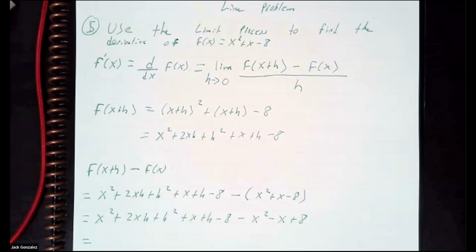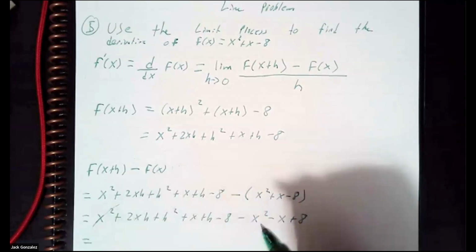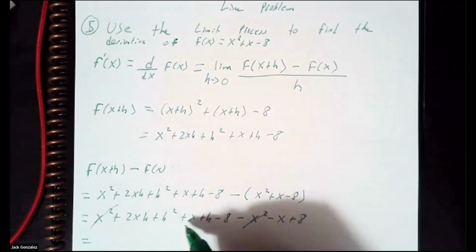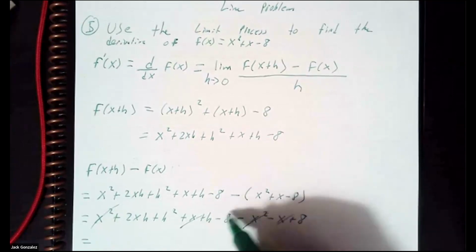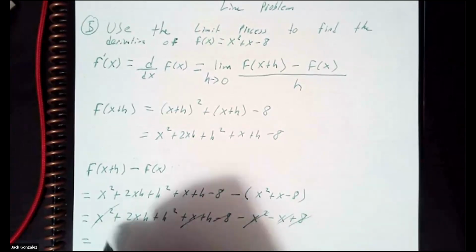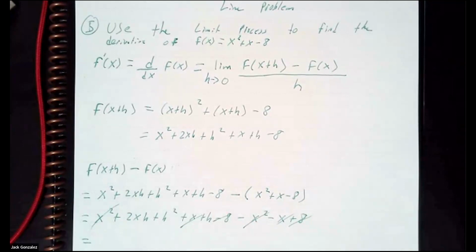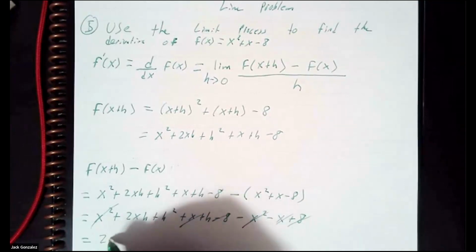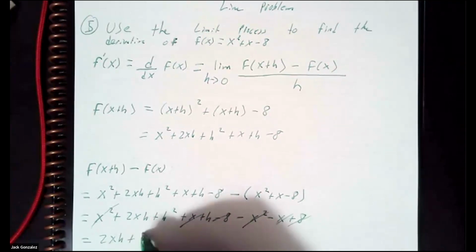So it's the same thing. The only difference is you do a limit at the end. So these cancel, these cancel, these cancel. That's why we're showing all the steps just in case you're rusty.